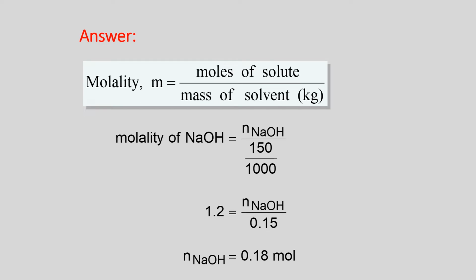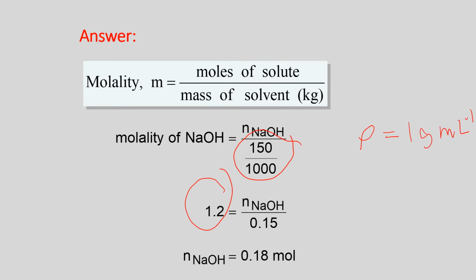Molality of NaOH from the question is 1.2, and the mass of solvent from the question is 150. Compare with the density. If the quantity given in the question is the volume, convert to mass, because the density of water is 1 gram per ml.